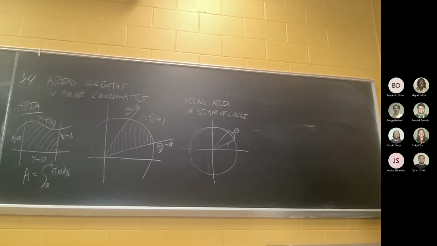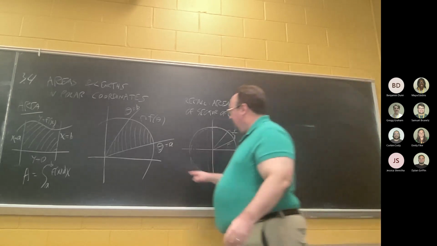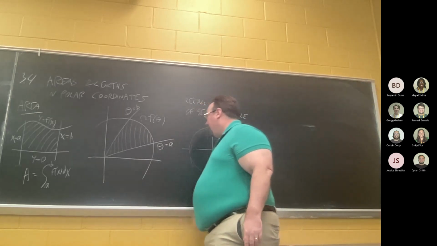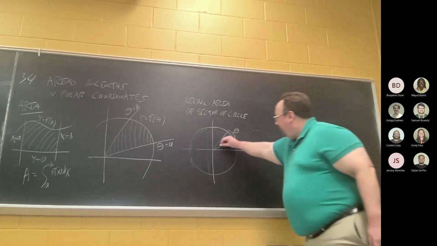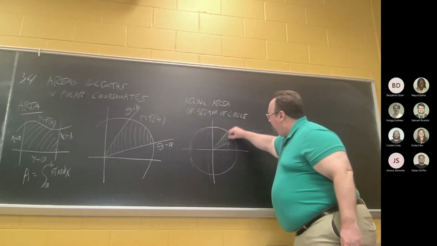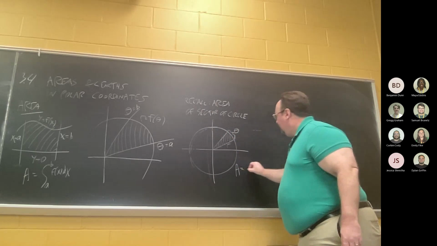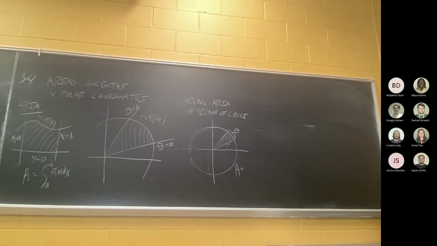Does anyone know offhand? I don't know what class you see this in, maybe in a trig class. What is the area of this pie slice, using r and theta? But maybe you're able to extrapolate from the formula for the area of a whole circle, pi r squared.